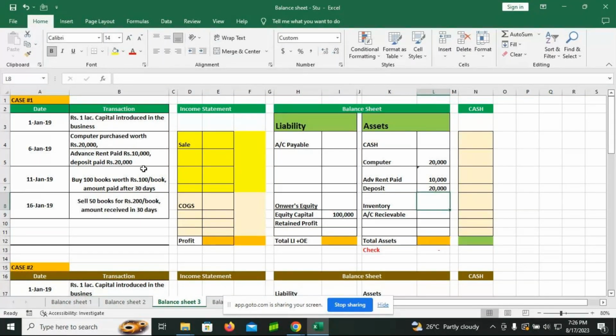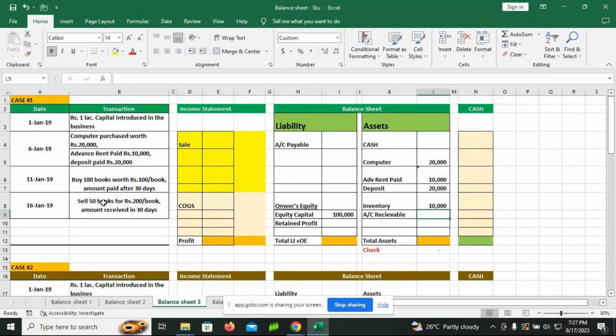Okay. So now inventory. Bought 100 books worth rupees 100 per book, amount paid after 30 days. So inventory I'll give as equals 100 into 100. Okay, so account receivable. Receivable means I have to give sales.